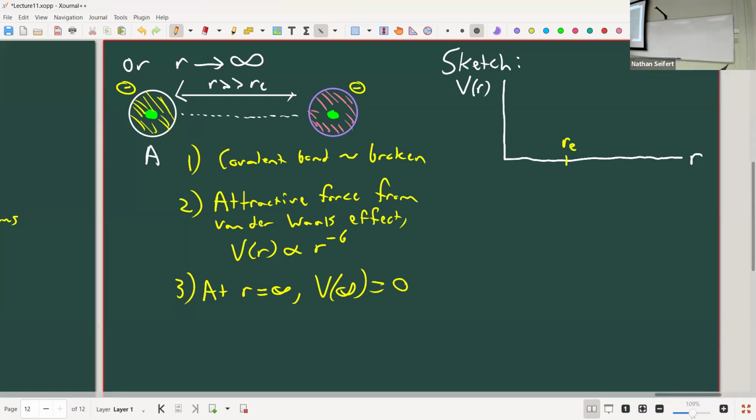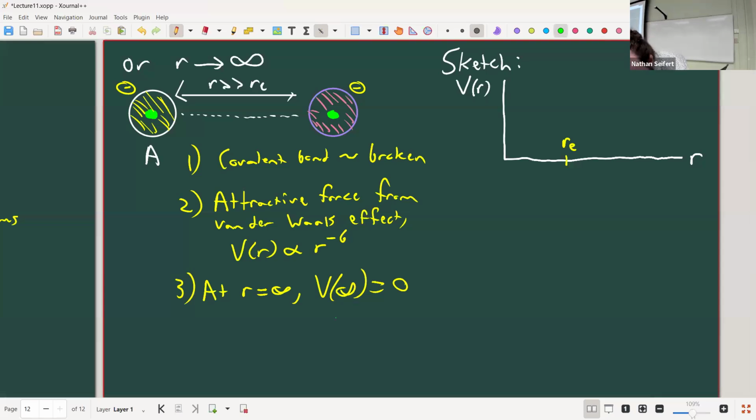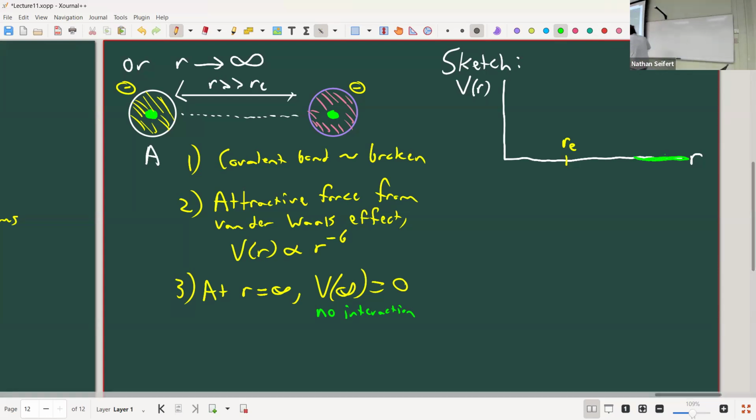What we're going to define is that V of 0 means no interaction. This doesn't mean that there's no restoring force, it just means that there's no interaction. We know at a long distance this goes to 0. As the atoms start to get closer together, they start to attract slowly as r to the 6th, so this should decrease.